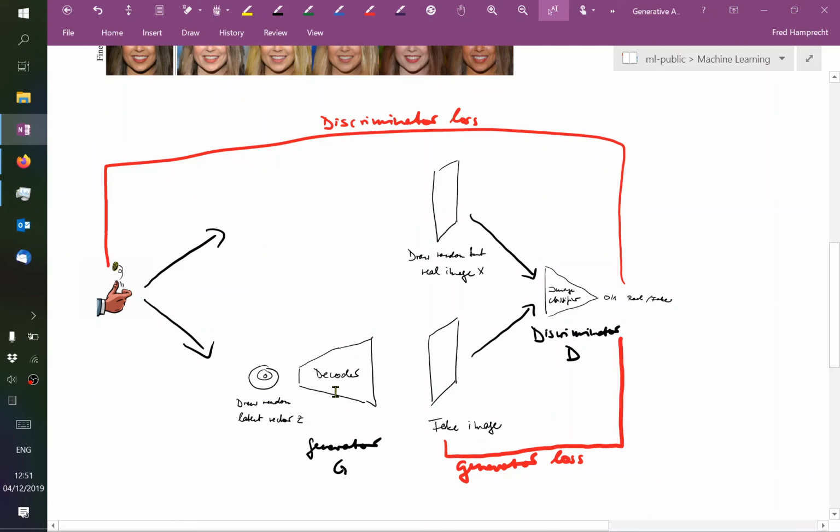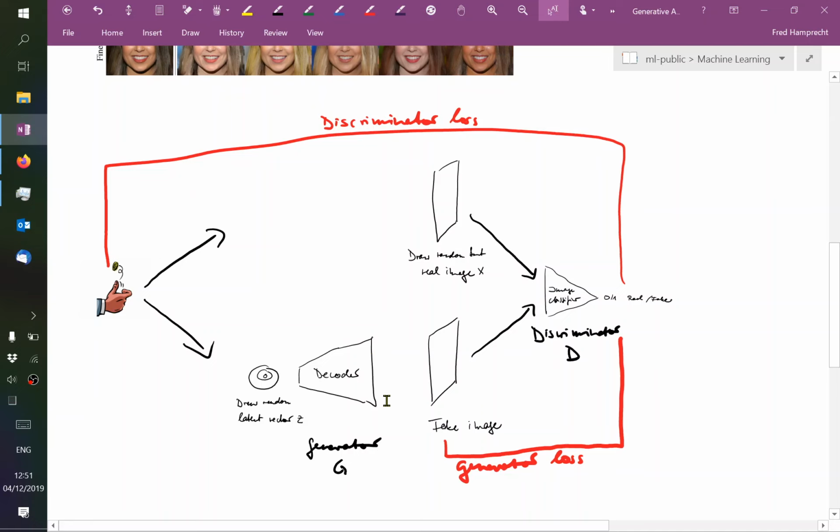Then we feed them into this neural network. This would be a convolutional or a deconvolutional neural network. I've written here decoder, and I've sketched it to say it gets few inputs, like 128 numbers maybe, and it produces many outputs. So the output would be perhaps 1 million pixels if it generates an image. So it produces a fake image.